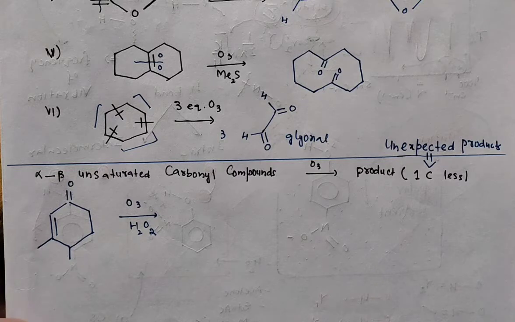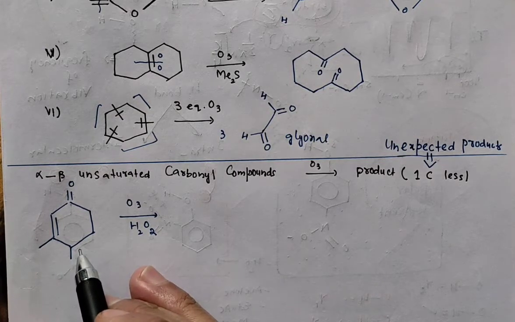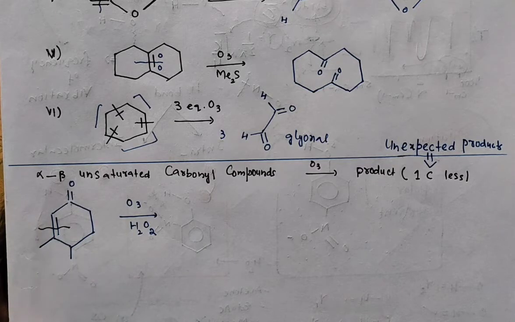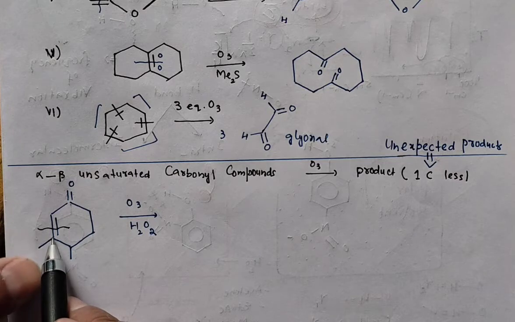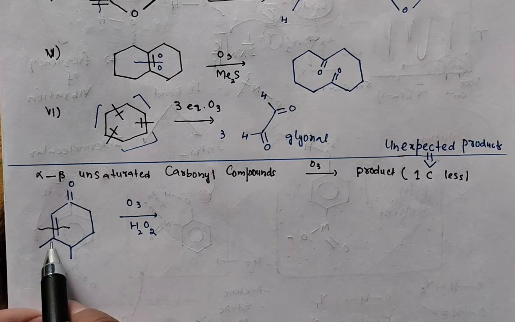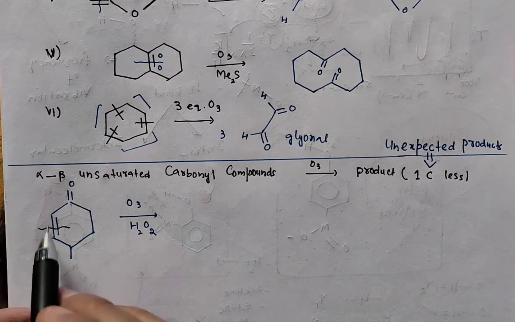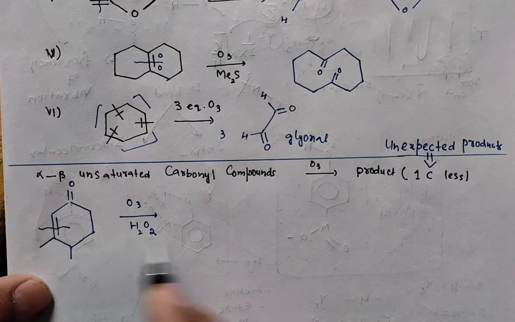So what will you do here? Simple. You have to break this double bond. Okay. So once you break the double bond, then you will get a carbonyl here. So normally this is what you expect. You expect that you will break it and get a carbonyl here.